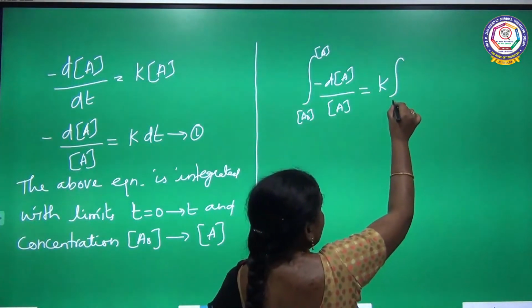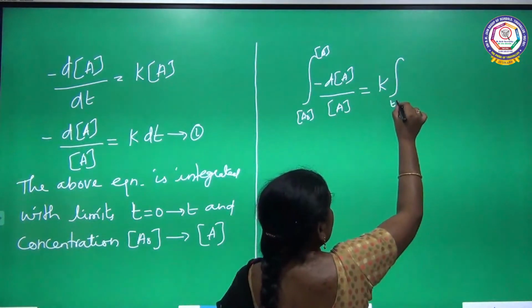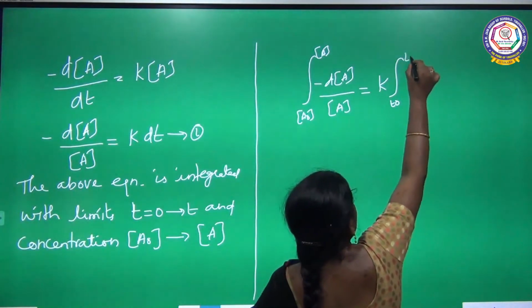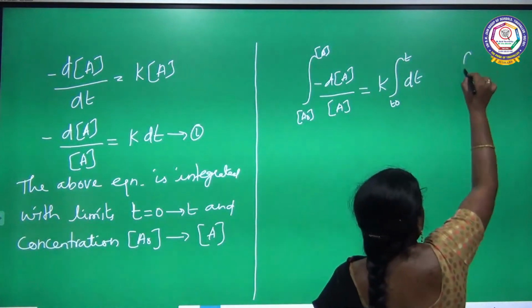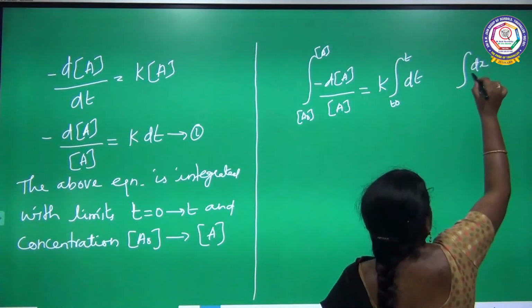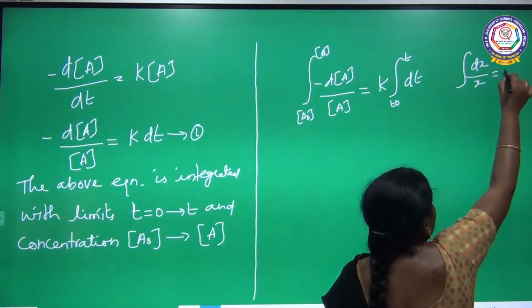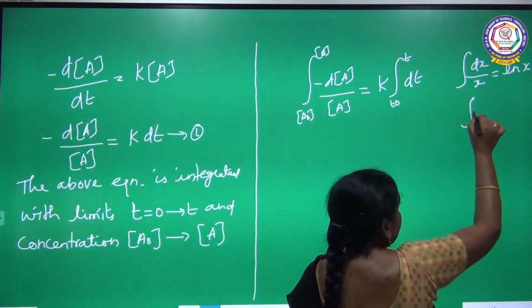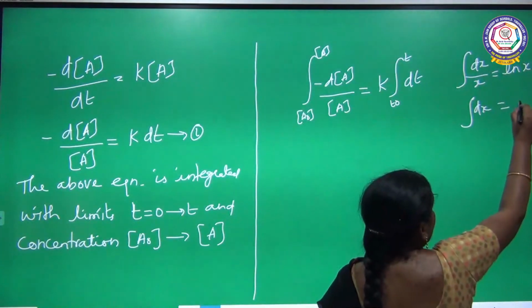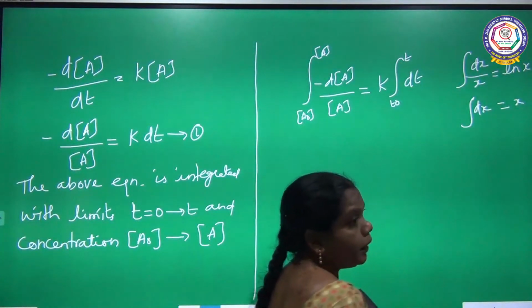The integral of dt goes from t equal to 0 to t. For the integration, integral of dx by x is nothing but ln of x, and integration of dx equal to x. Now you are going to apply this.